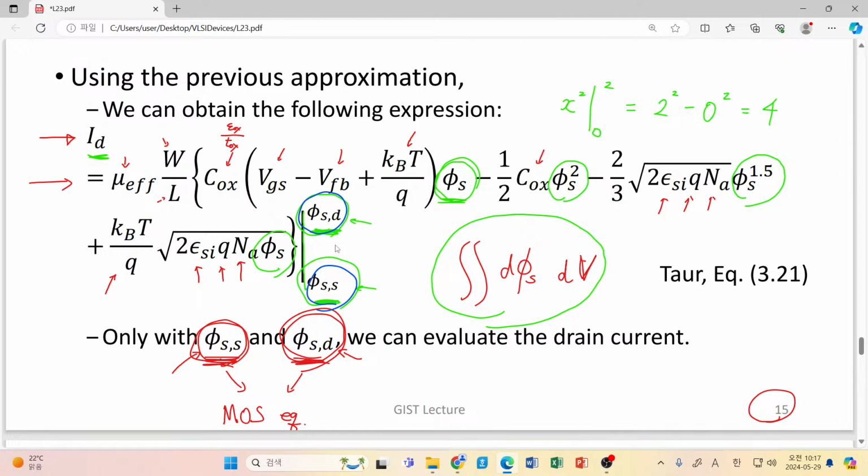However, equation 3.21 is still too complicated for some people, who really want to make even further simplification. So in lecture 24, let's study some regional approaches. Please note that this expression can be applied everywhere.